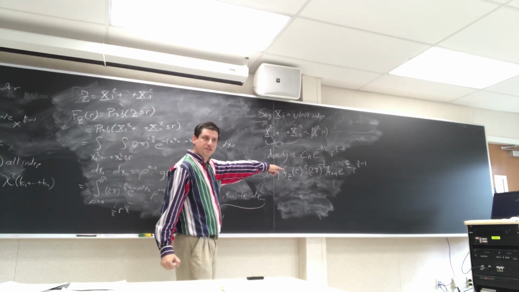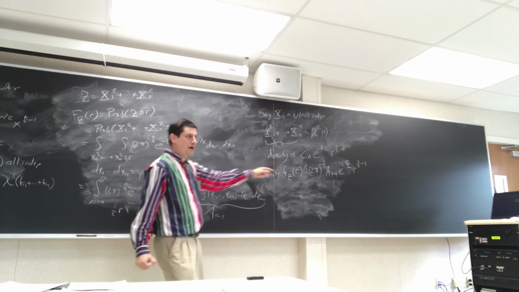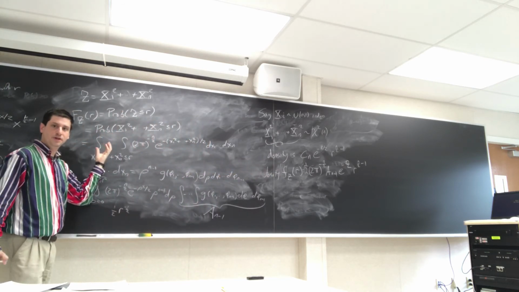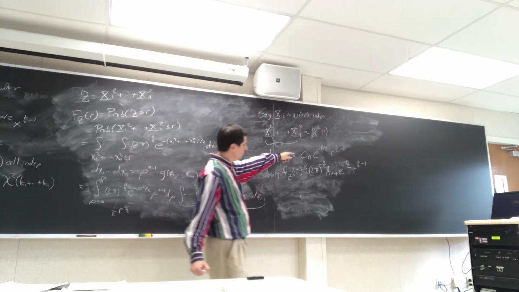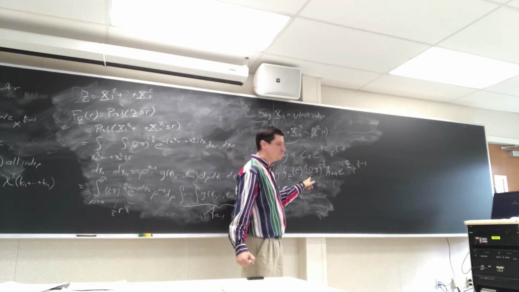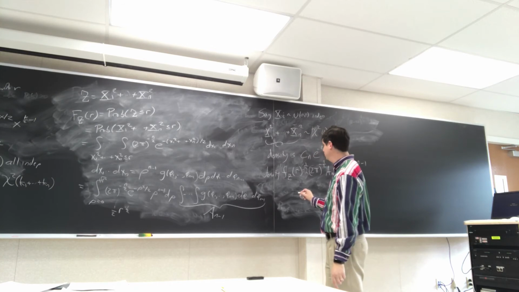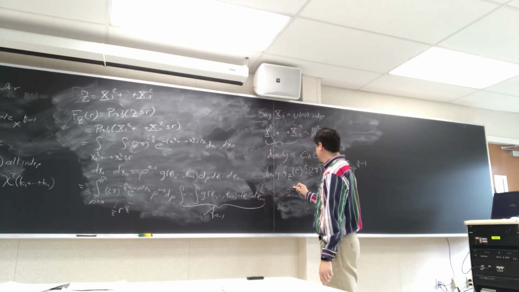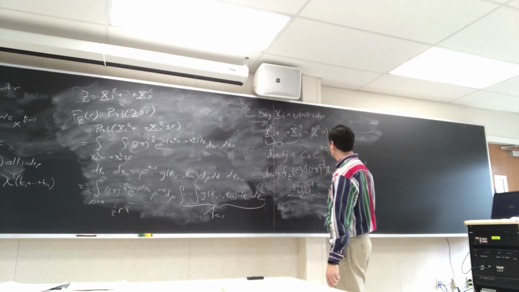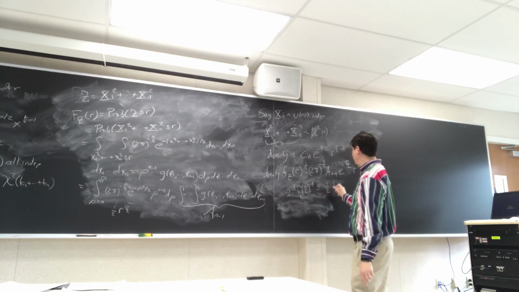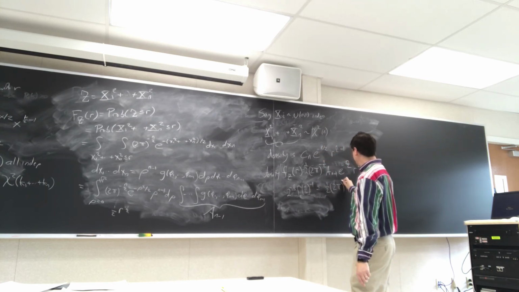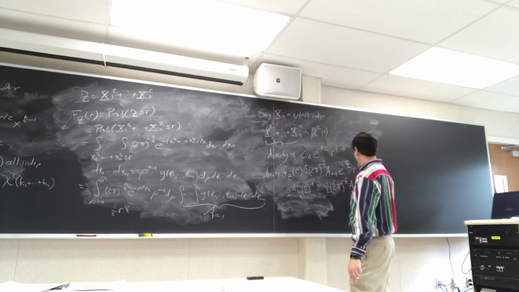I calculated the density by using generalized spherical coordinates, but I also know the density is a chi-squared. So the normalization constants must be the same. What is C_n? C_n is equal to 2 to the negative n halves gamma n halves inverse. That has to be 1/2 times 2 pi to the negative n halves A_{n-1}.